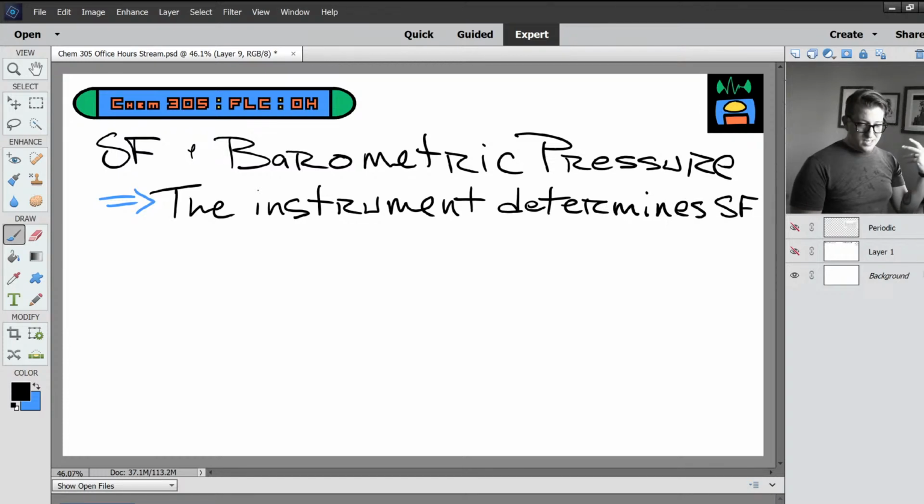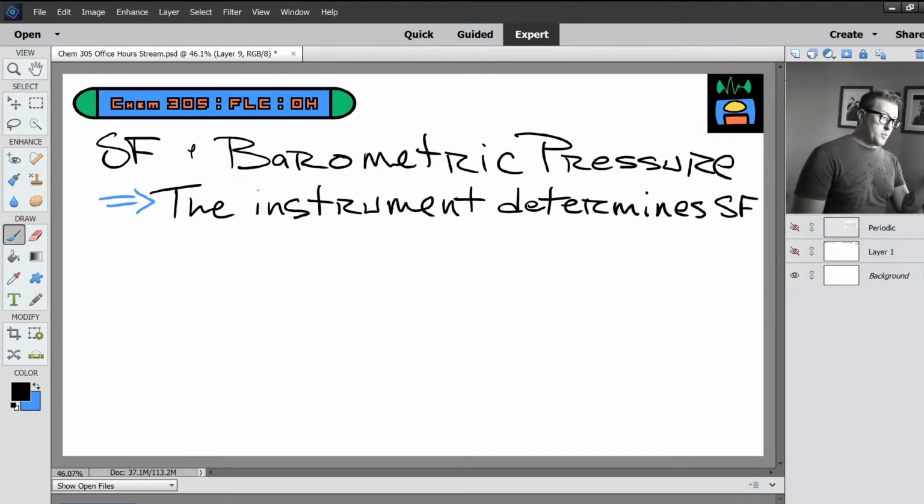For example, when we do in-person labs, and I measure the barometric pressure for the day, the barometer that we have in the lab reads to the first decimal place. So those readings in millimeters of mercury would have 4 sig figs. Other barometers may only be precise to the ones place. It really depends upon the specific barometer you're using to measure the pressure.